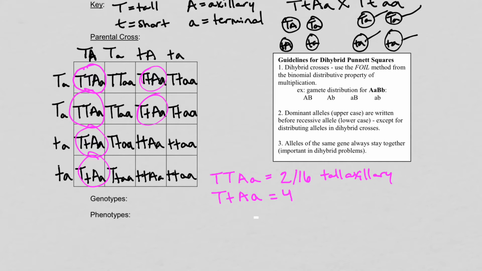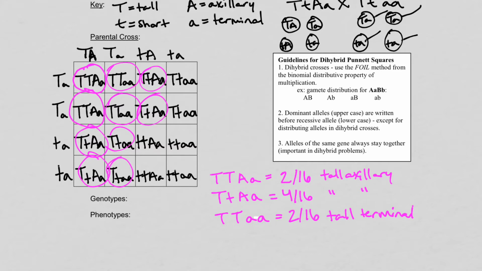And that is 4 out of 16. And the phenotype is the same. Now, how about homozygous at both? 1, 2. And in this case, it is tall, and the flowers are terminal. Heterozygous tall with terminal flowers.